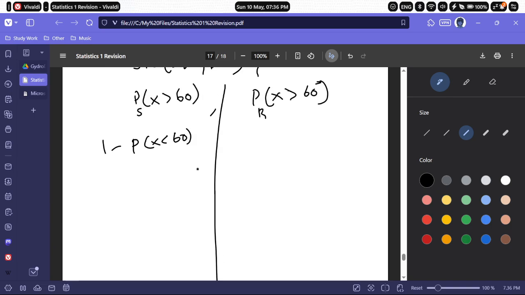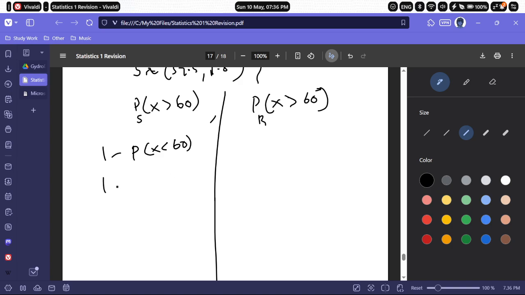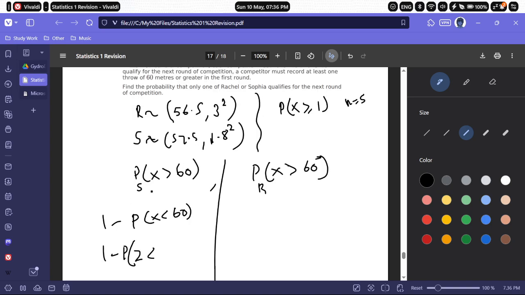Moving on. 1 minus probability Z less than, so I'll just write the value, 60 minus 56.5, divided by 3, is 1.166. And over here, 1 minus probability of X less than 60 for Rachel.